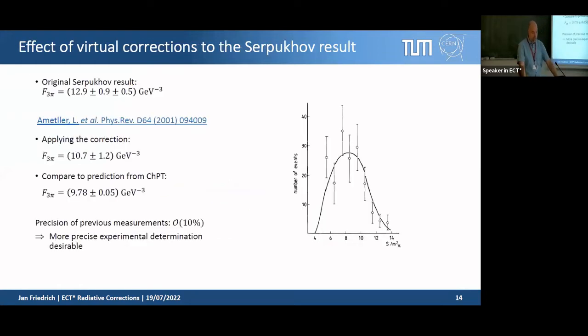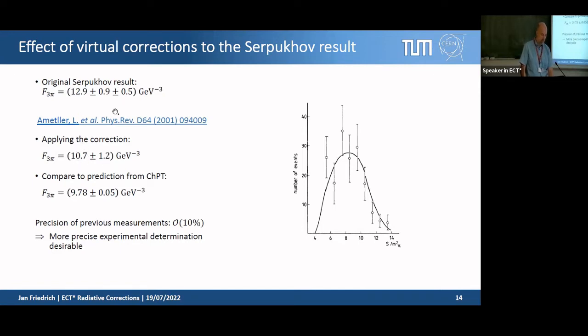Okay, so taking into account this photon exchange graph calmed somehow the physics case of the chiral anomaly. So I remind you, this is the original result, and then applying all the corrections that Ermittler and colleagues discuss brings down the value to 10.7.